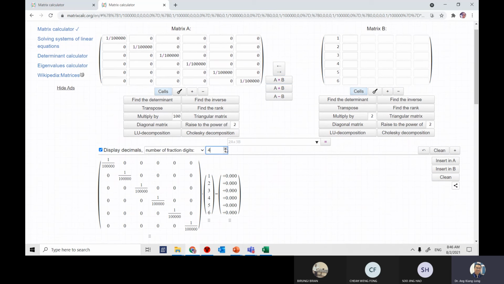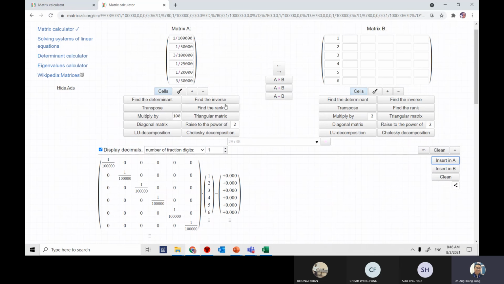So you can increase the number if you want. Okay, so you can put back into maybe matrix A. So you can see the number here.